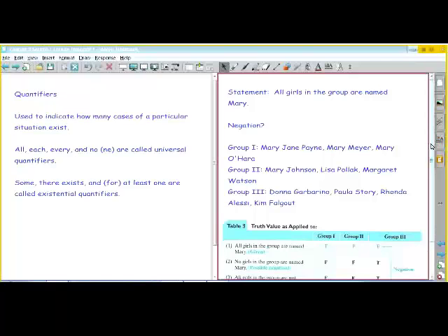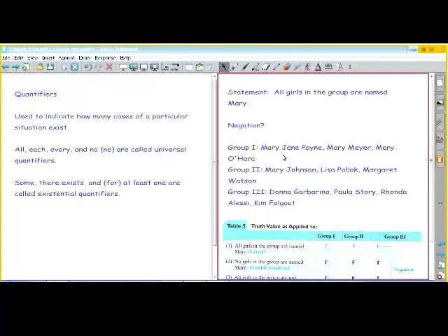We're going to look at the original statement and at whether these three groups agree with the statement or don't agree with the statement. If they do, then we say it's true. If it doesn't agree, we say it's false.